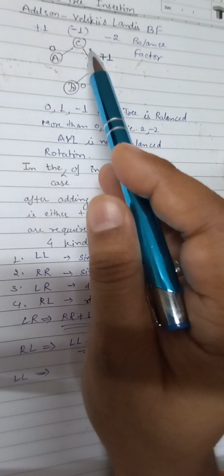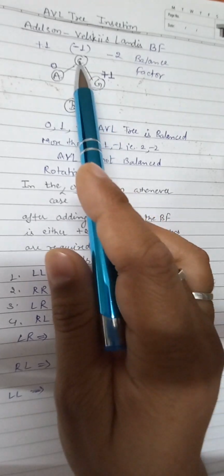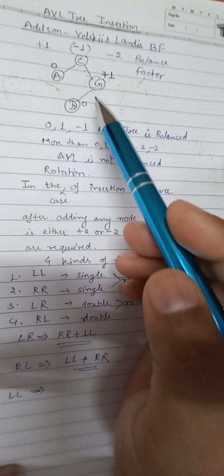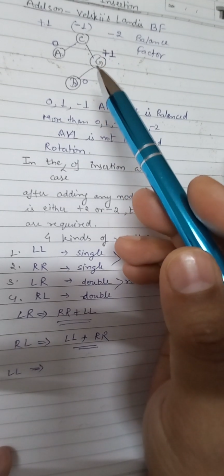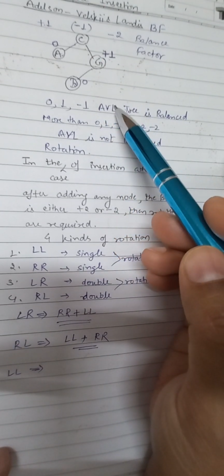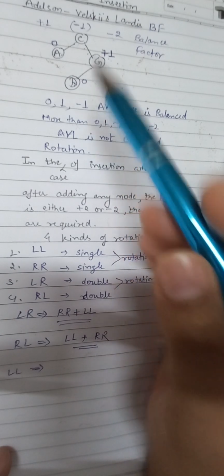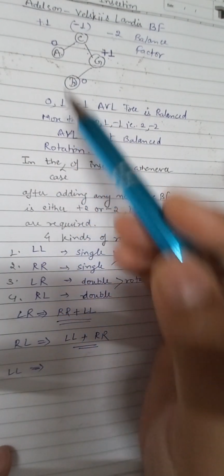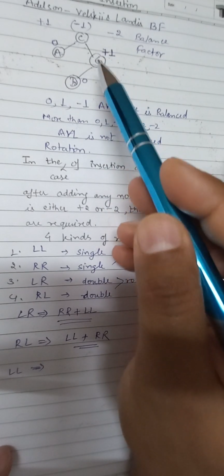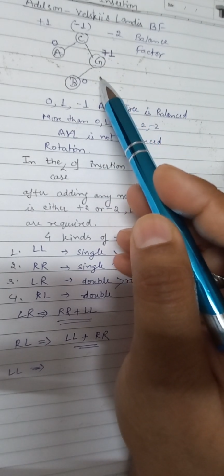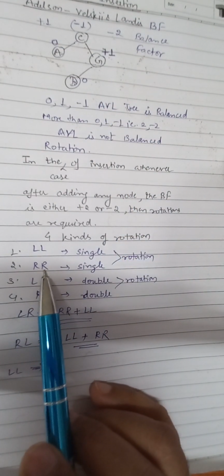So this is the balanced tree. As we can see, all the balancing factors are 0, +1 and -1. After that, if we add something on the right-hand side, then we will go for RR rotation. After adding any element on the right-hand side, if the balancing factor becomes unbalanced, like +2 or -2, then we go for RR rotation.